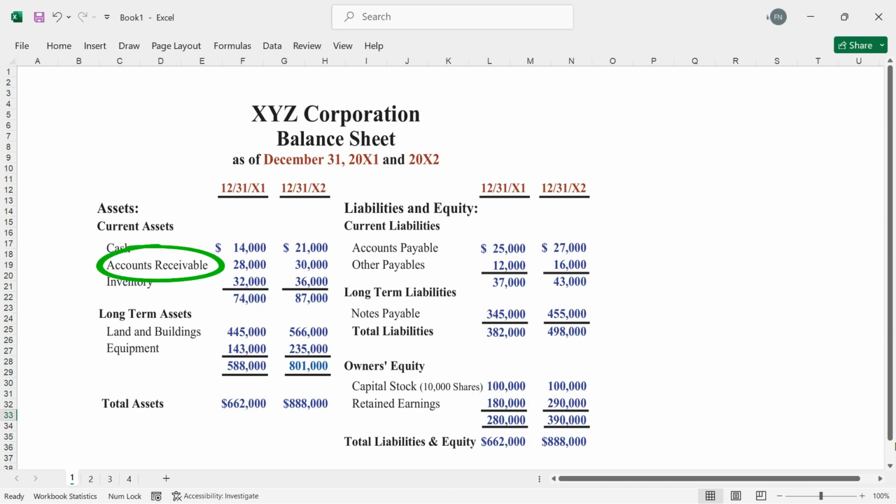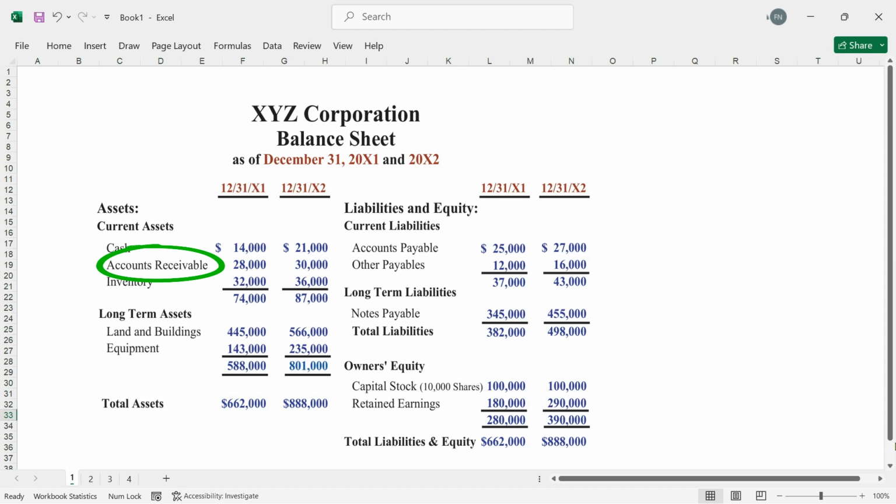Accounts receivable. In this case, at 12/31X1, a balance of $28,000 represents receivables from customers as a result of sales of goods or services to customers on account. Usually when we make sales on account, we expect to collect an account receivable, usually within 30 days.